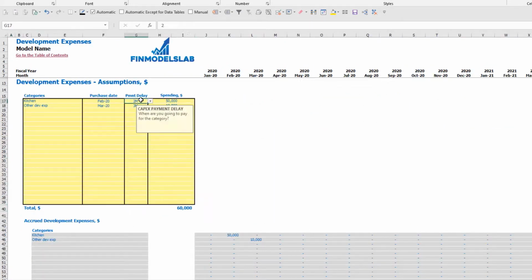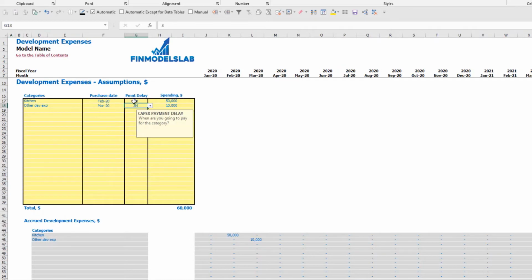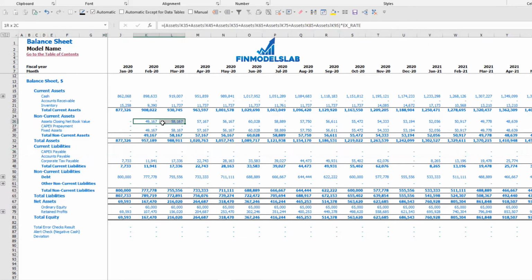Because you set up 2 and 3 months payment delay, you may see that we have CAPEX payable. I can also remove this or select 0 months. In this case, CAPEX payable will be 0, but you'll have just fixed assets amounts broken down by months.